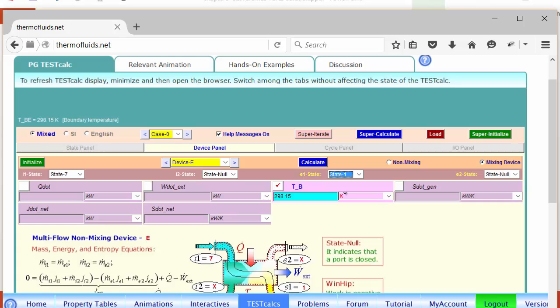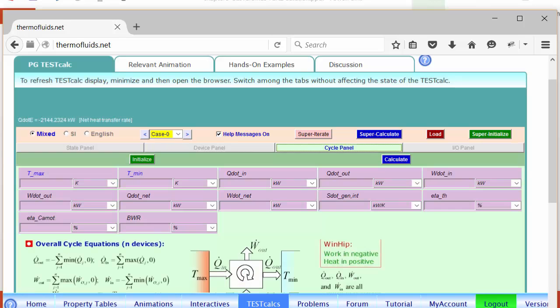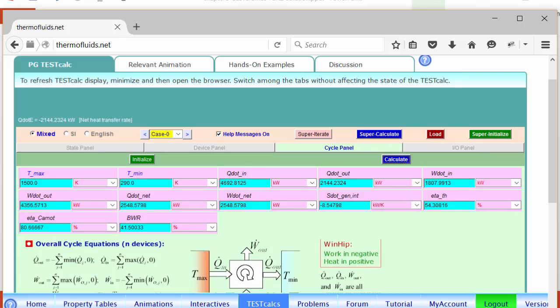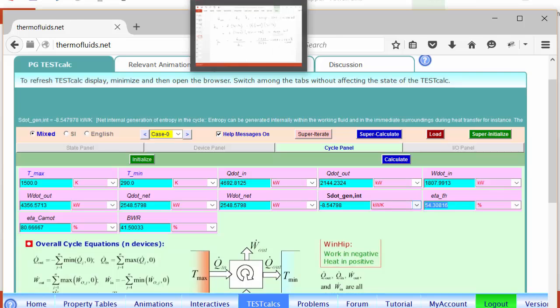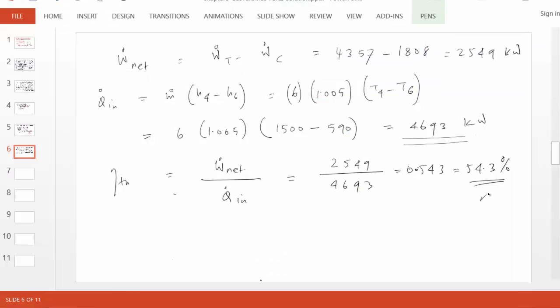And for that, there is no work transfer, and we get the Q dot out here. Now if you go to the cycle panel and do a calculate, it should calculate all the quantities that we discussed, including the thermal efficiency to be 54.3%, which is exactly what we got manually.